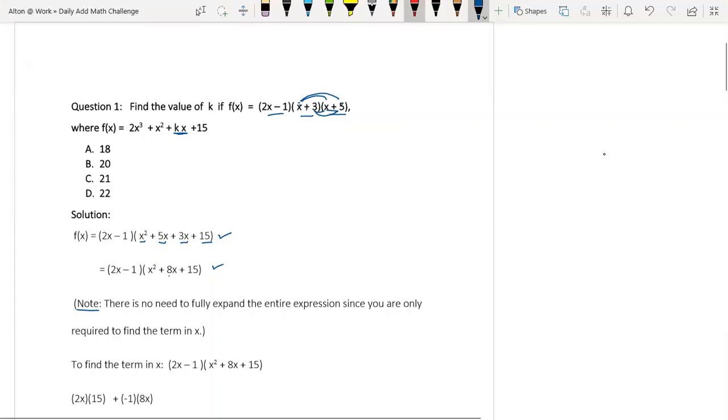So when we look at this line here, our term in x can be found by multiplying 2x by 15 and minus 1 by 8x. And let's do that. To find the term in x, we multiply, as we see here, 2x by 15 plus minus 1 by 8x.